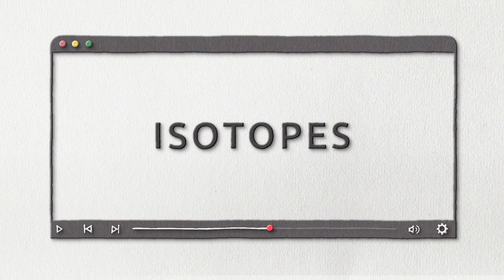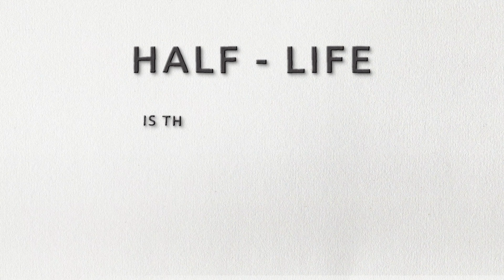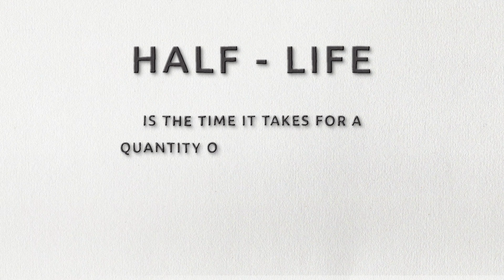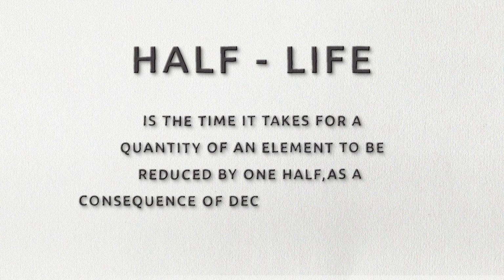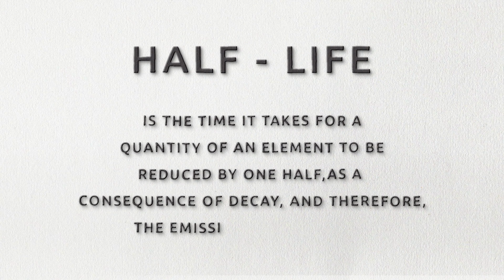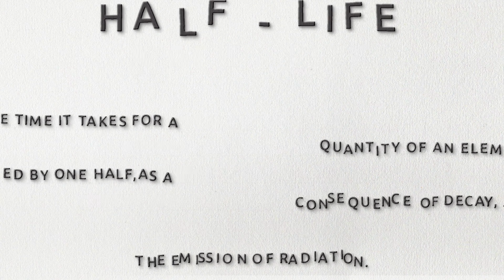I couldn't finish this video on isotopes without briefly talking about half-life. Half-life is the time it takes for a quantity of an element to be reduced by 1/2 as a consequence of decay and therefore the emission of radiation.